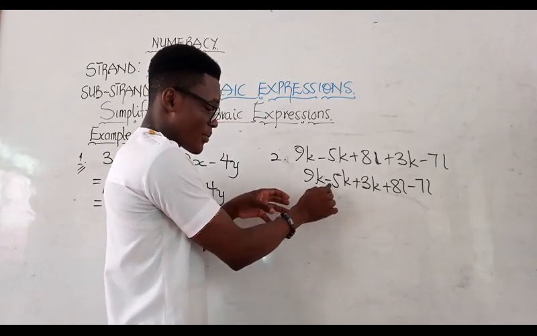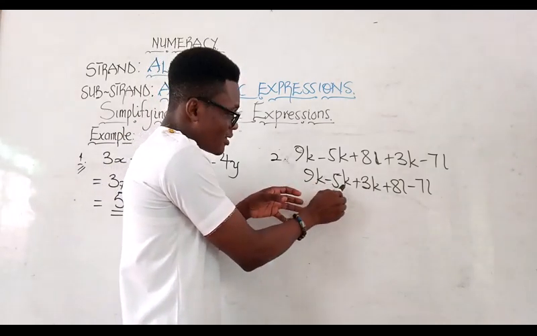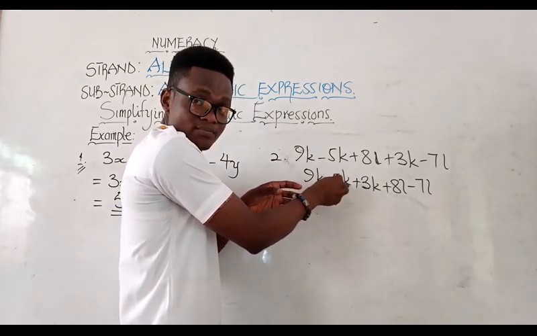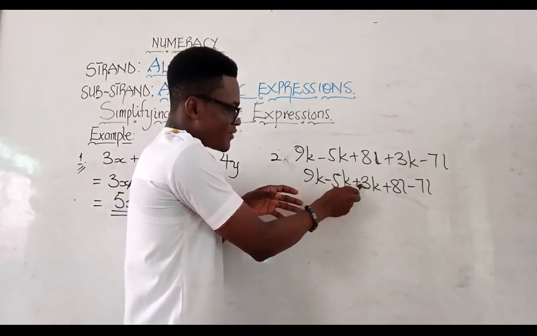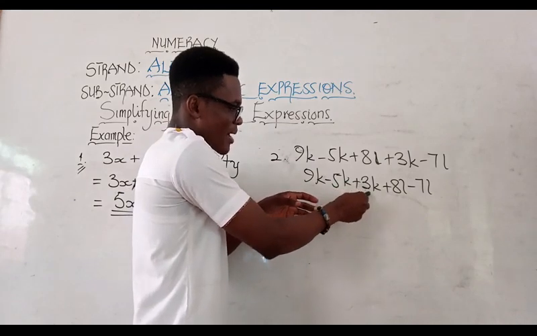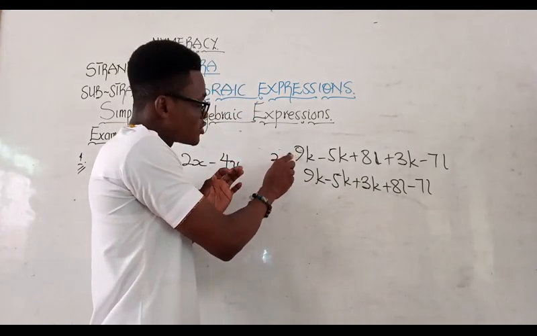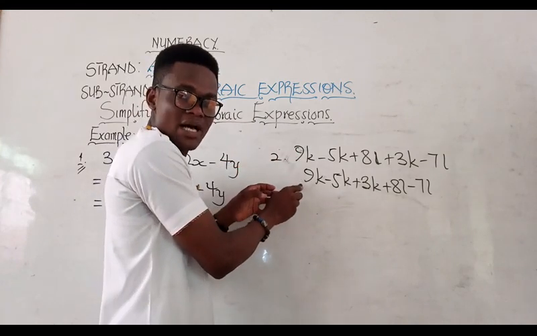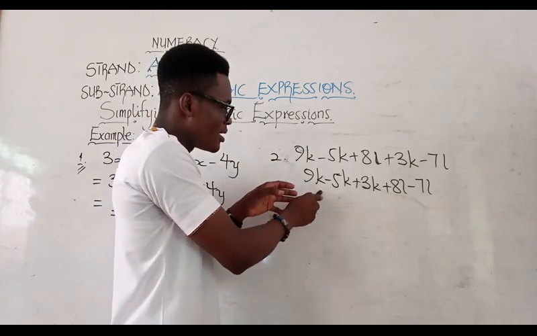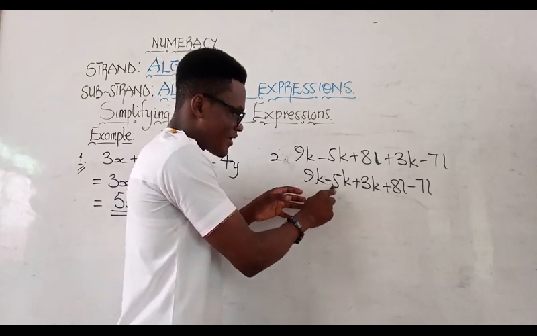Sorry, let me just bring your mind back to this. Negative 5 is the coefficient of k. Yeah, you cannot say positive. It's positive 3, the coefficient of k, but if a number is standing on its own, as you can see over here, it is positive. So 9 over here is a positive figure. So 9 is the coefficient of k. And then negative 5 is the coefficient of k.